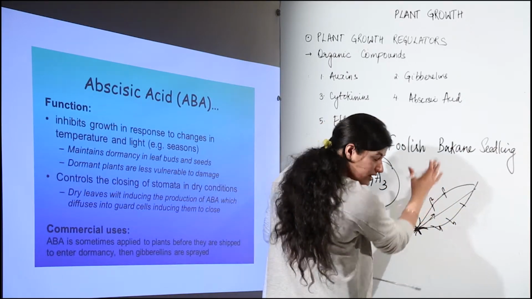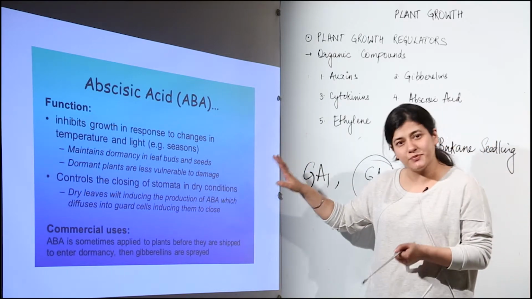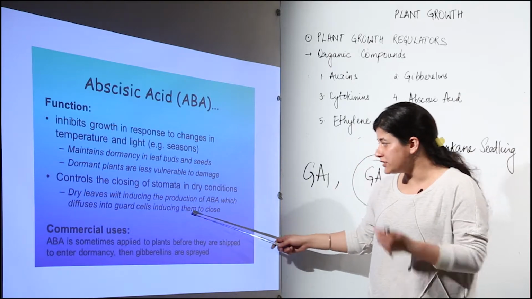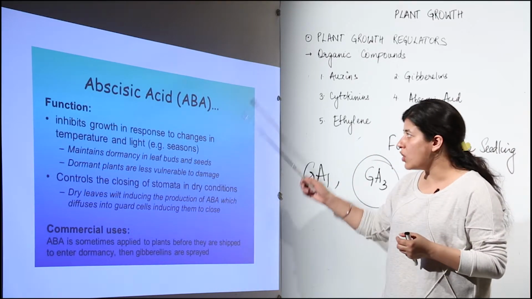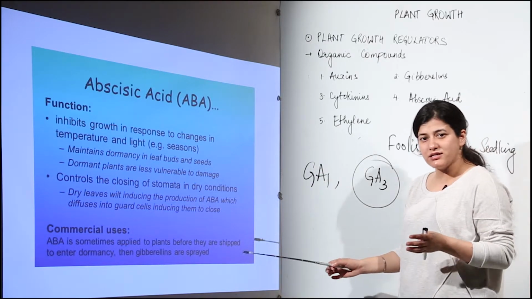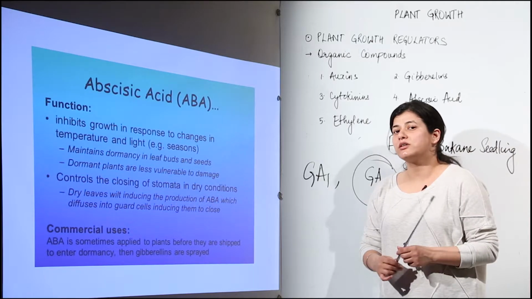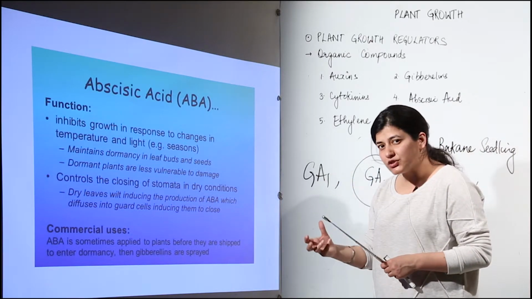So basically this leaf gets old and it falls down. Then they say that dry leaves would wilt in the production of ABA, which is again related to water stress. So the main function of abscisic acid is helping the plant to cope up with the stressful conditions so that it does not have the physical abiotic factors impacting its growth basically.